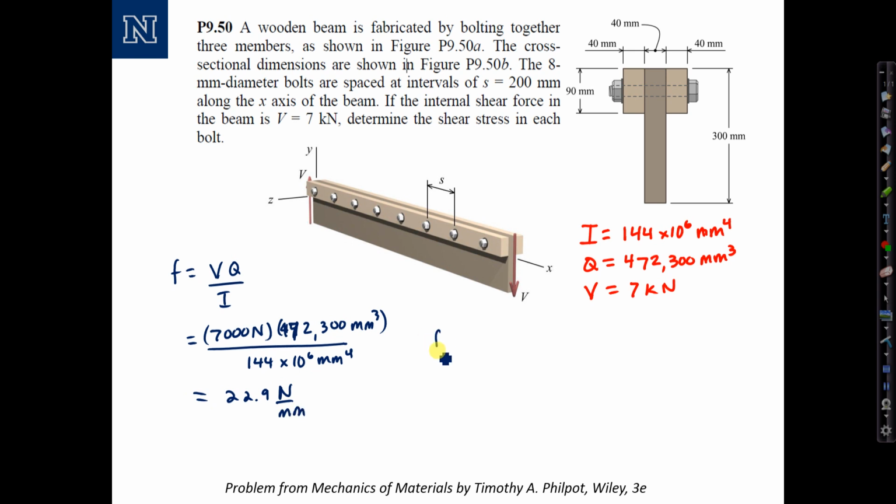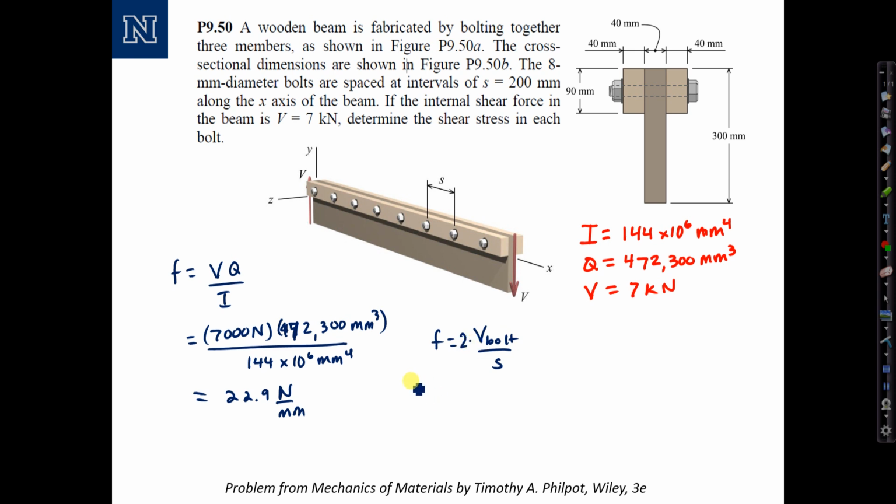The shear flow F is equal to the force in the bolts divided by their spacing. Since there are two connection interfaces, with two bolts across, we're going to divide by 2.